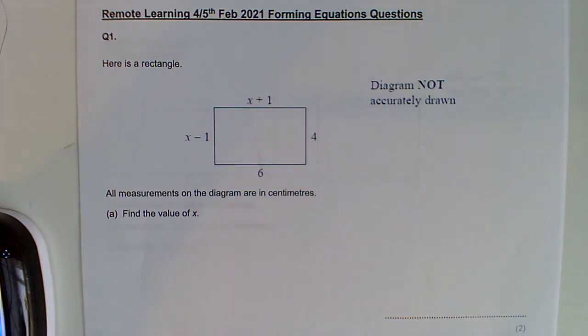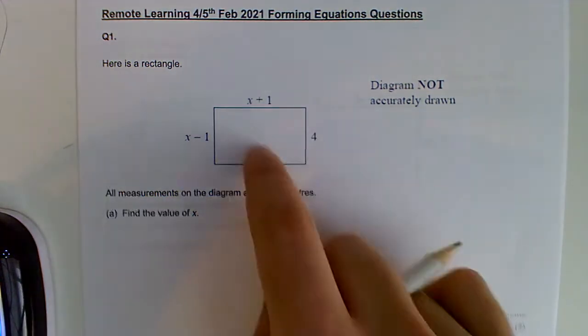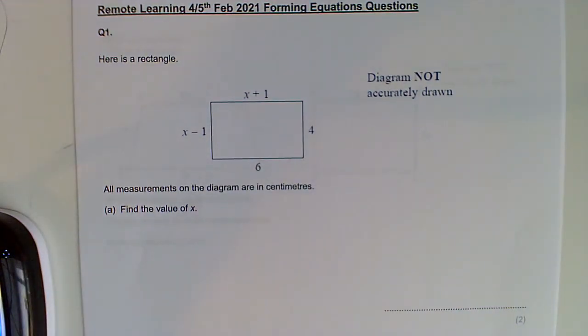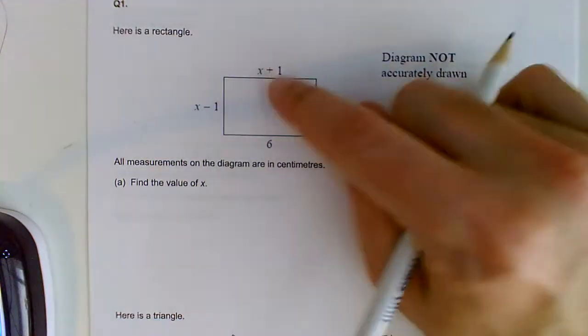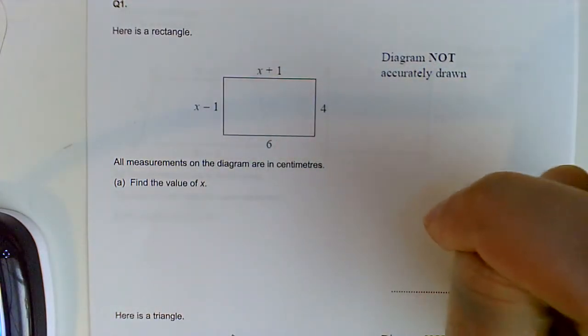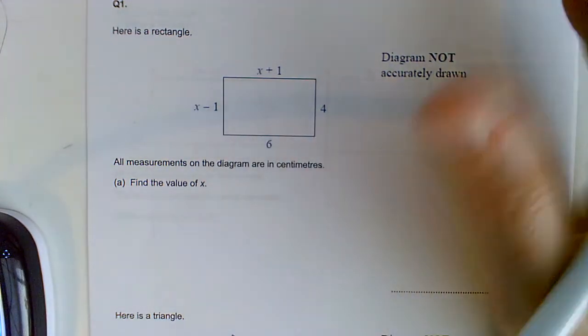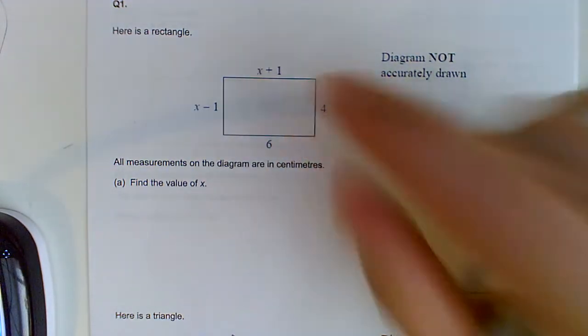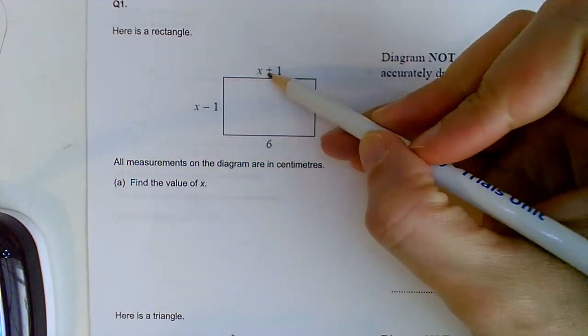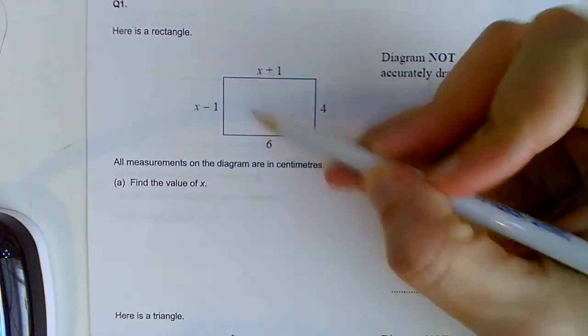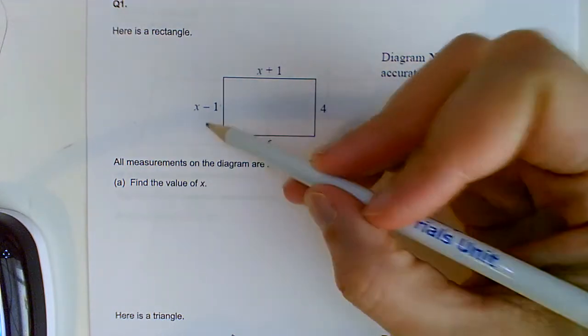Okay, so these first two, the rectangle and the triangle underneath, these are both hopefully really, really easy. You might not even need to set up an equation for this one. Okay, so you're going to come across a lot of rectangles. Now remember, the main properties of a rectangle are that these two sides are exactly the same and that these two sides are exactly the same.